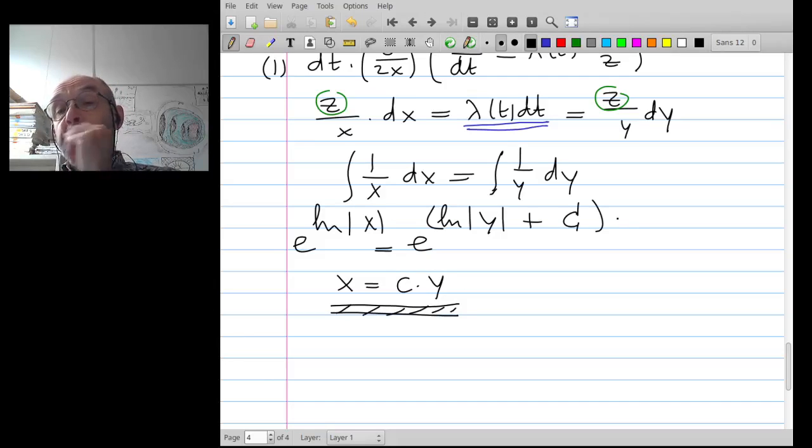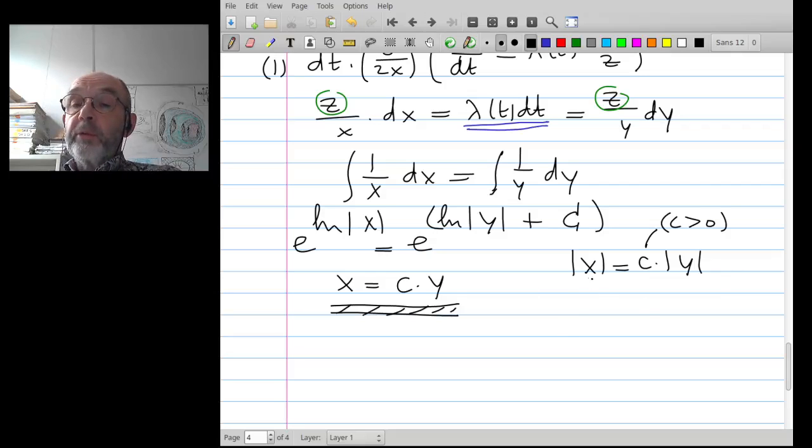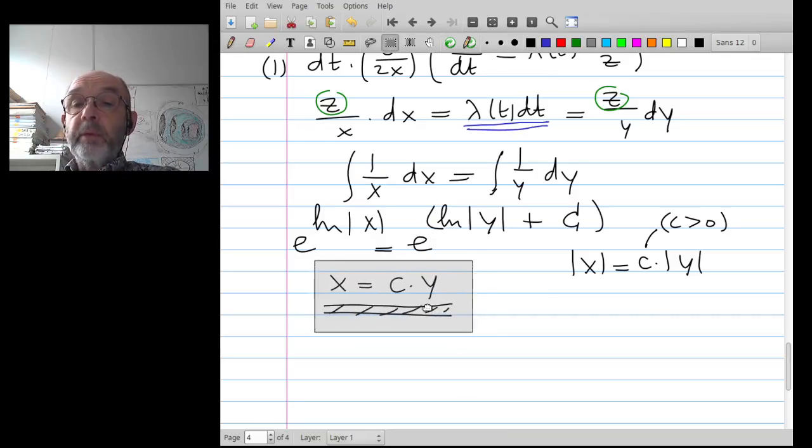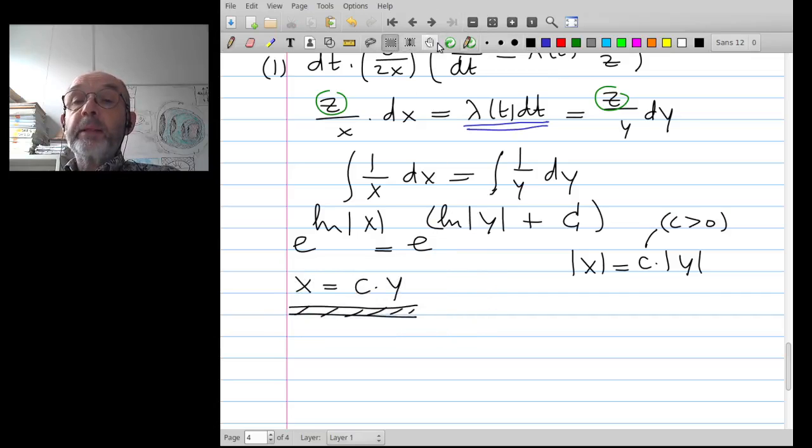Some people will say that the absolute value of x is equal to c times the absolute value of y. That is indeed so, but then your c may only be positive. If you let your x and y be free here, your c can be positive and negative. So the expression is okay. Your c is some element of R, so it can be positive, it can be negative.